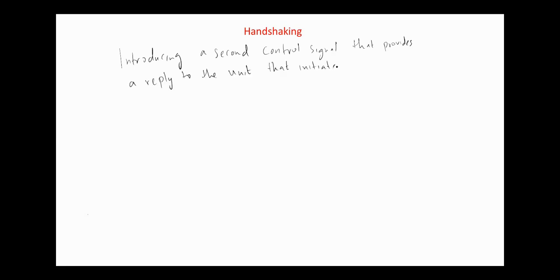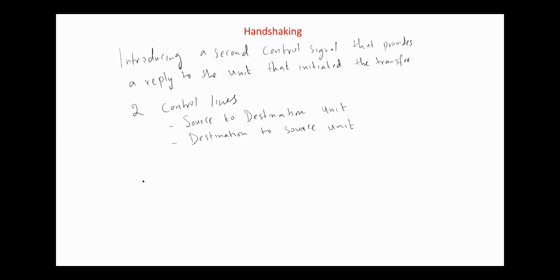Handshaking solved this problem by introducing a second control signal that provides a reply to the unit that initiated the transfer. So in handshaking, there are two control lines, source to destination unit and destination to source unit.